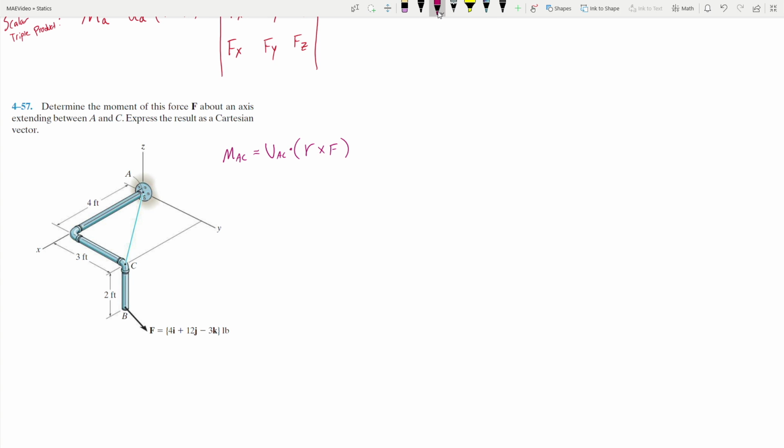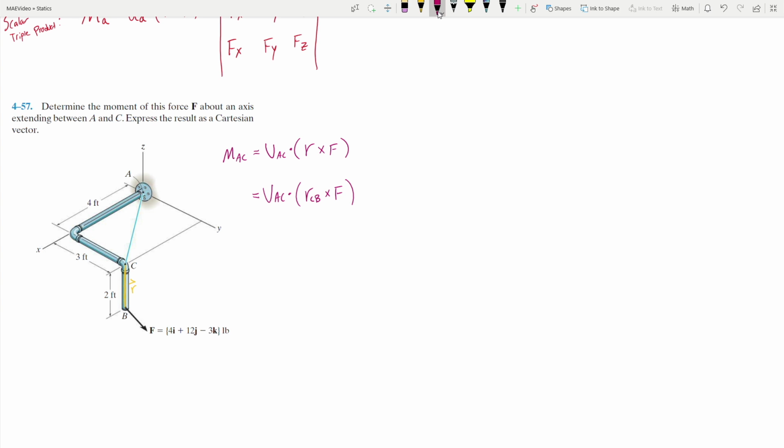And that we can say is going to be CB right here. This can be our R. So if I rewrite this one more time, we're going to call that R from C to B crossed with F.